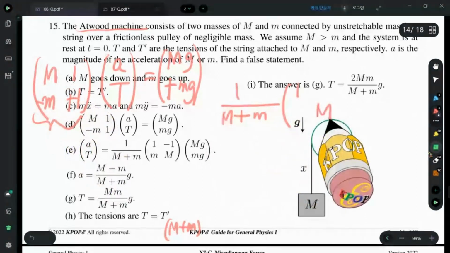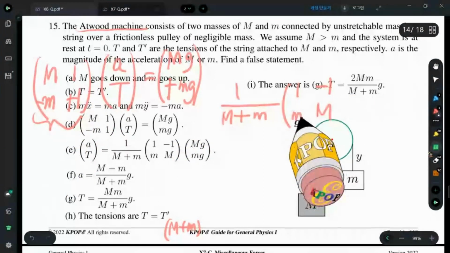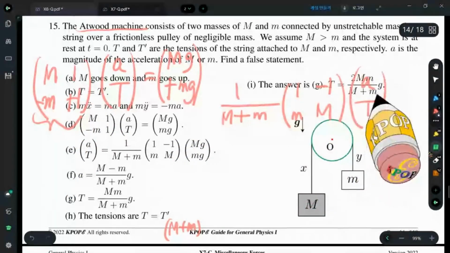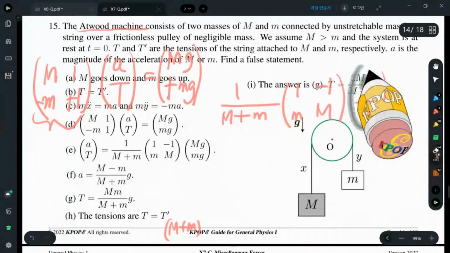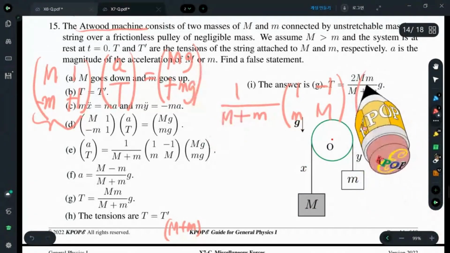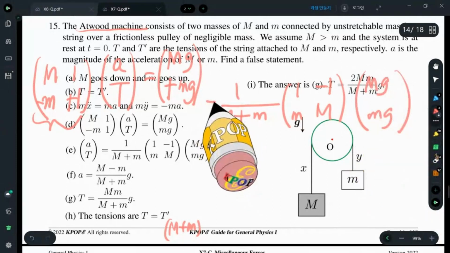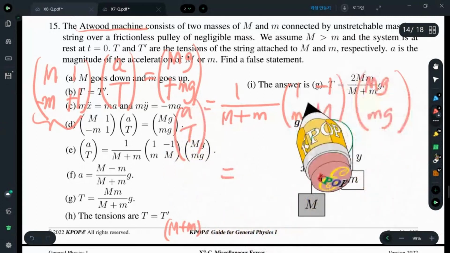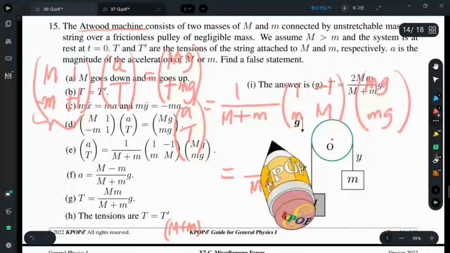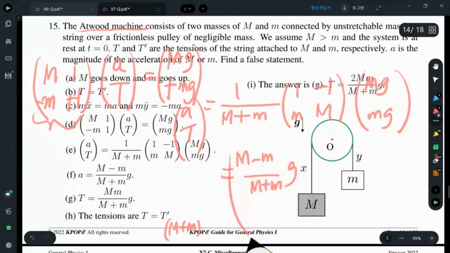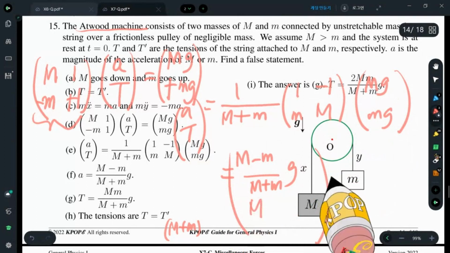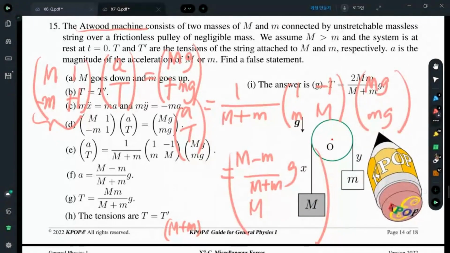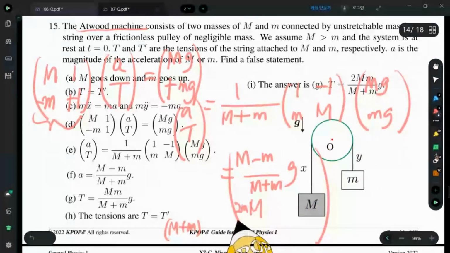Exchange this, put a negative sign on it, and multiply a and T. No, not a and T. The right-hand side is Mg, mg, and the left-hand side is a and T. So if I compute this, (M minus m)g over M plus m, and the second one is 2Mm over M plus m, g.